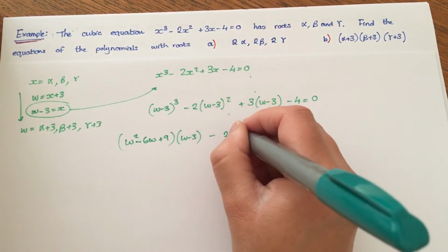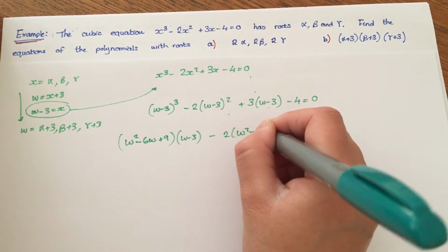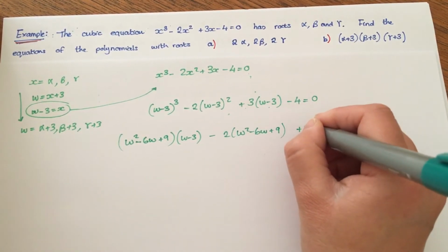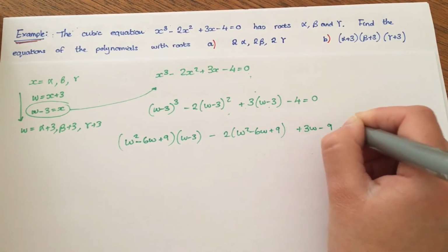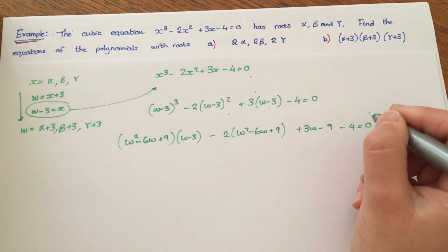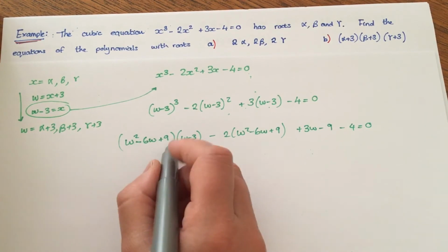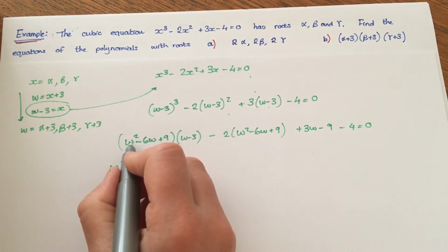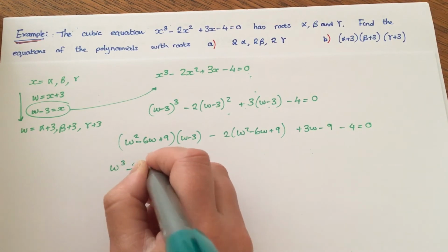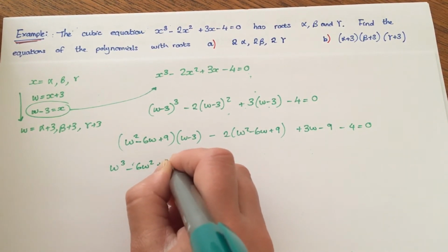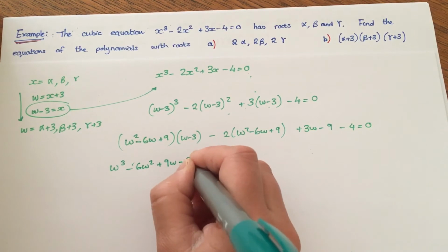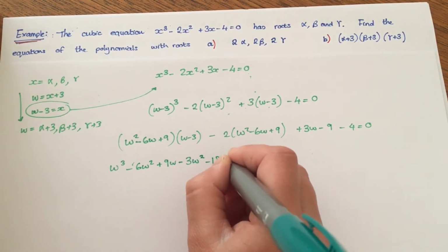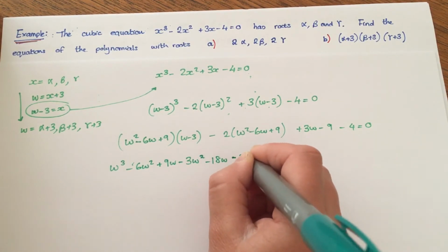If I finish this cubed one, I would have w cubed minus 6w squared plus 9w, times it by 3, minus 3w squared minus 18w minus 27.